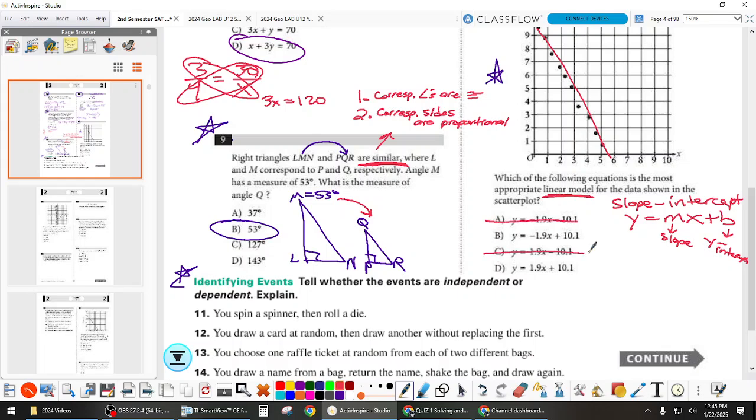C. Why can A and C be kicked out right away? Yeah, this y-intercept is negative 10. And if we look on here, that would be like down where these words are, right? So we can't have a negative y-intercept when it's up there. How do we decide if it's B or D?